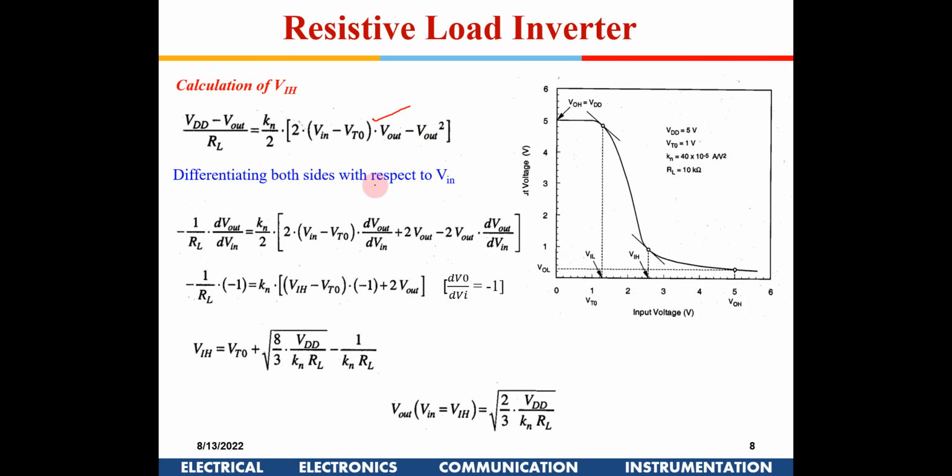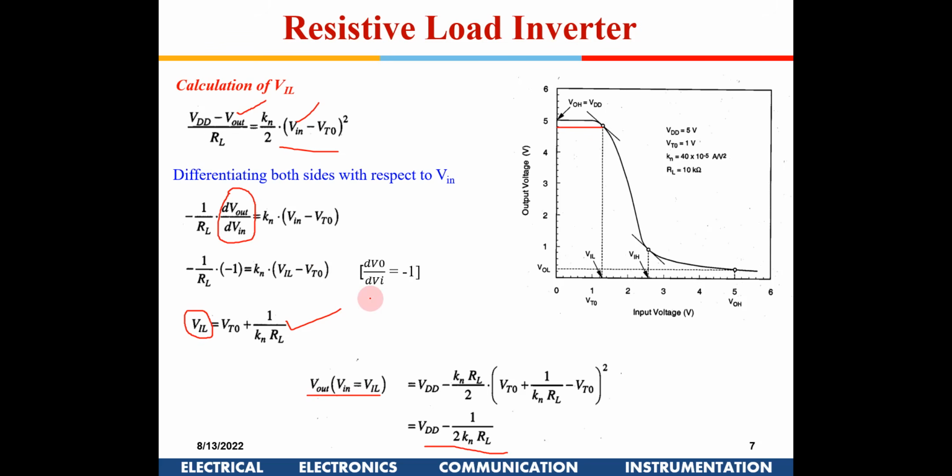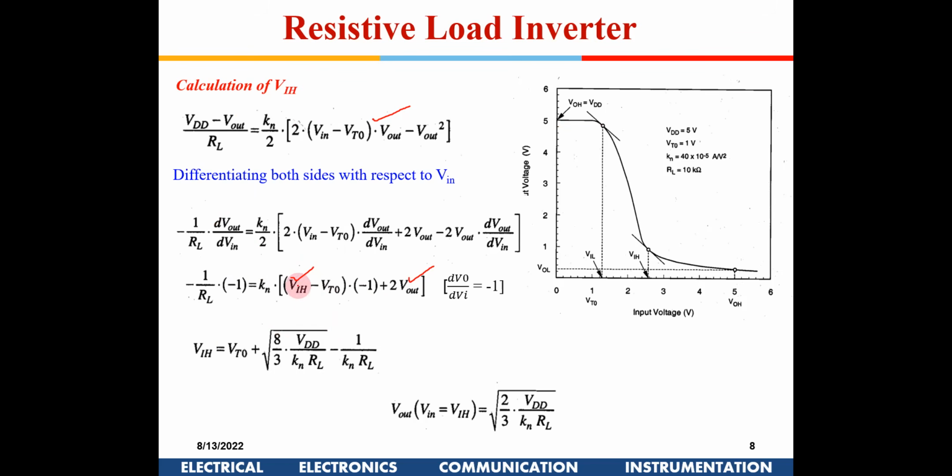Now I differentiate both sides with respect to V in, and then dV out by dV in I write as -1, right. Now in this particular equation, there are two variables: one is VIH and the other is V out, both not known. In the previous case, when I differentiated, there was only one variable, so I got VIL. Here even this V out is not known to me as of now.